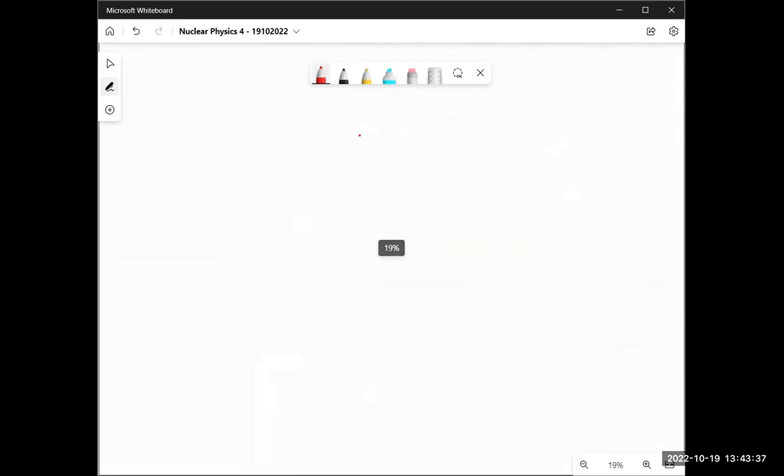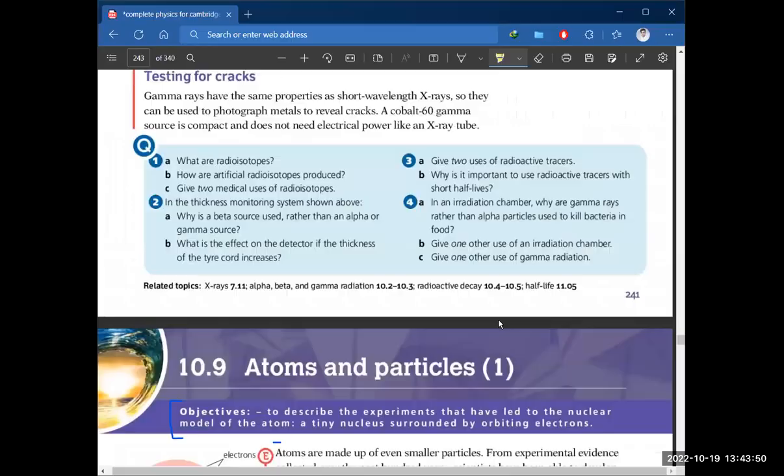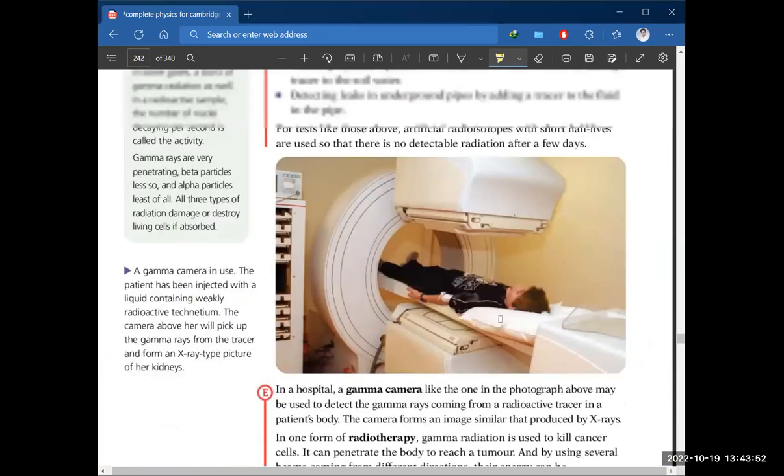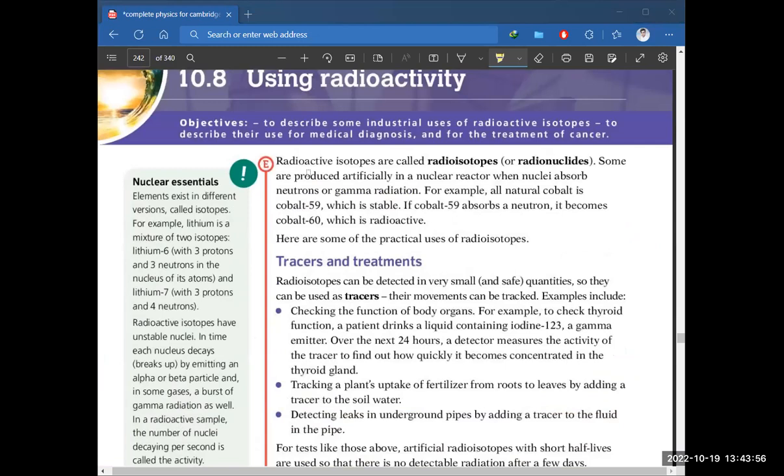Before that, let's just look at the uses. Now write in your notebook: uses of radioactivity. I start reading from here. Radioactive isotopes.